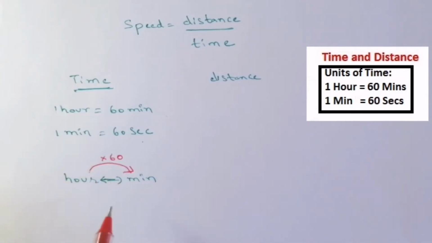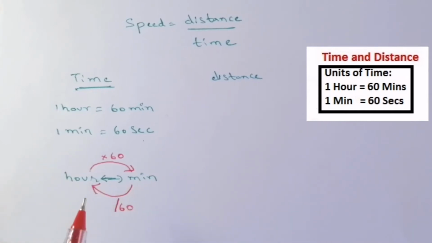If we want to convert minutes to hours, we have to divide by 60. Hour to minute conversion is an easy thing, everyone knows this, but small mistakes are made here. If you make a small mistake, automatically the output will be different, so it should be clarified.